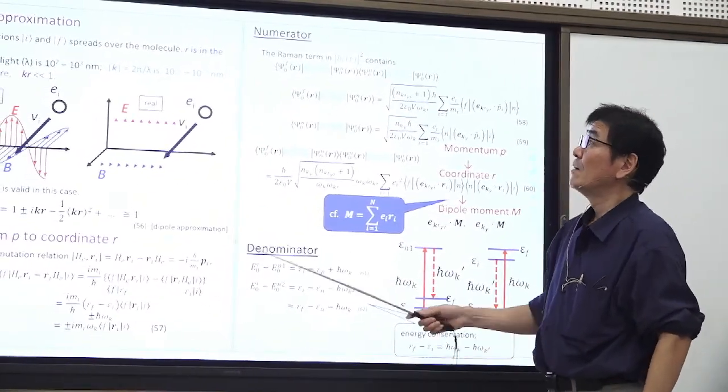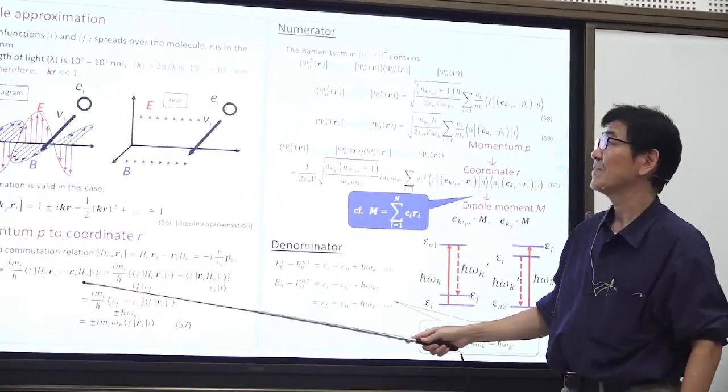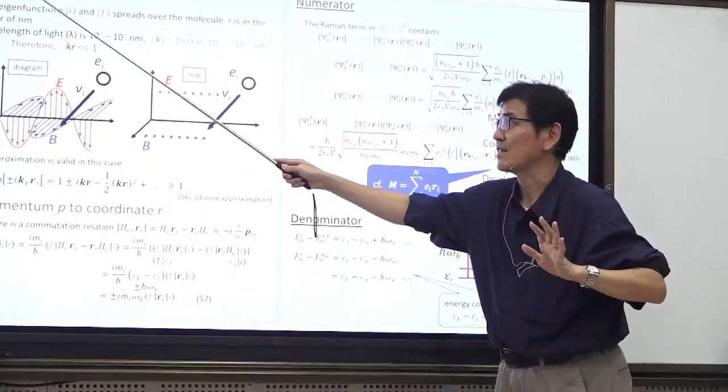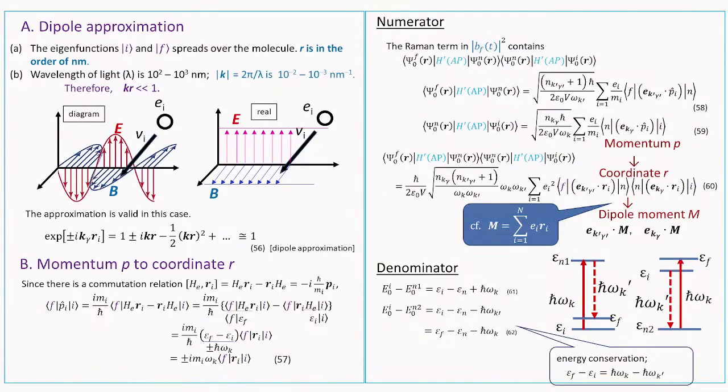For further consideration, we can use some useful relationships. First, for further derivation, we should understand two ideas. First is the so-called dipole approximation.